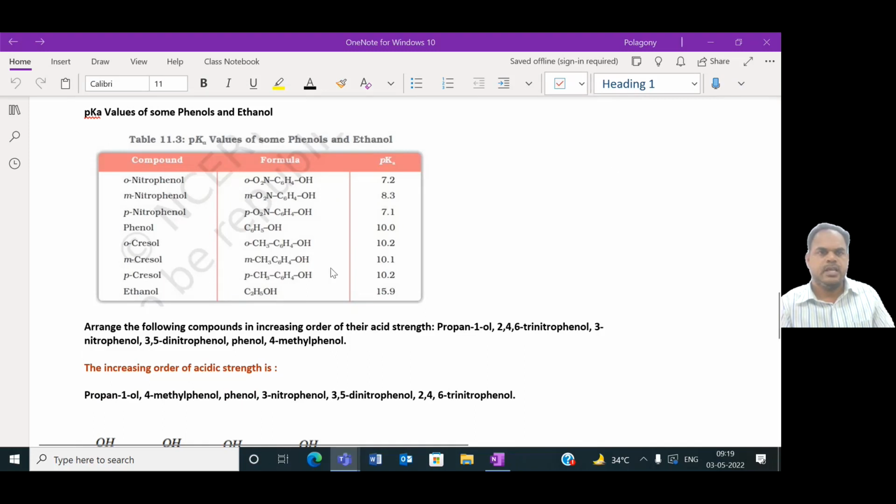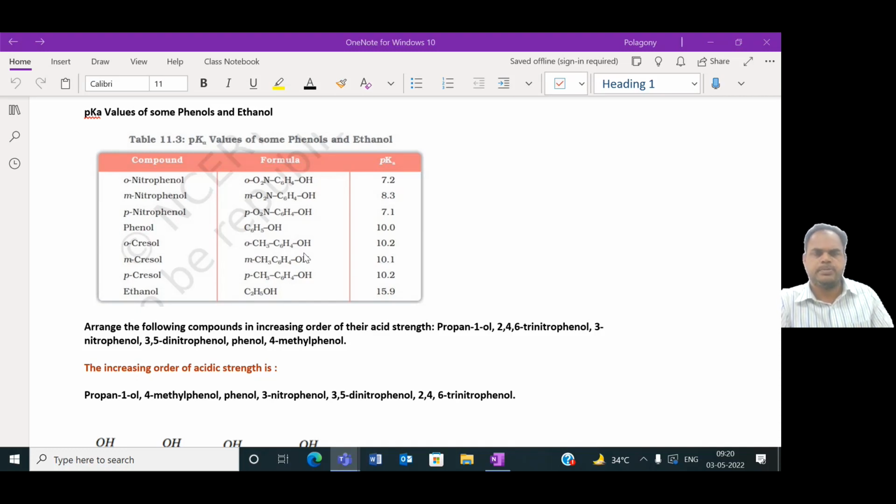Now let us see here: orthonitrophenol is more acidic than metanitrophenol, and paranitrophenol is more acidic than orthonitrophenol. Phenol has a pK value of 10, less acidic than paranitrophenol.